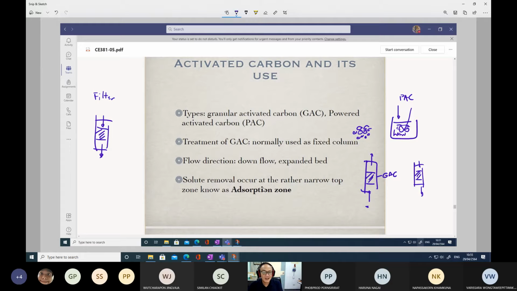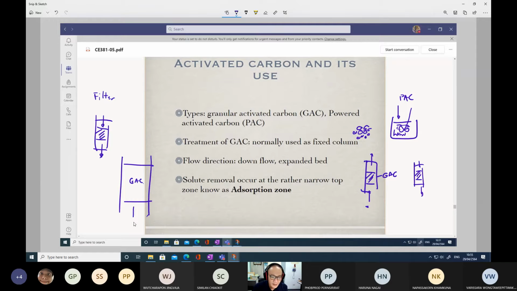Solute removal occurs at a rather narrow top zone. The adsorption normally occurs like this. Suppose this is the column, and here we put the granular activated carbon.